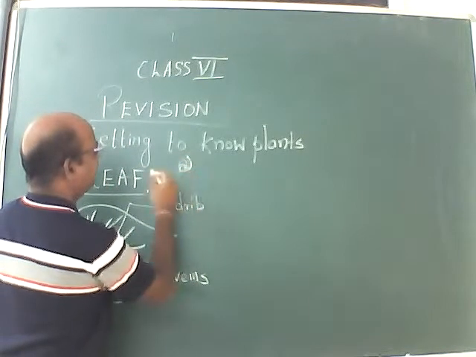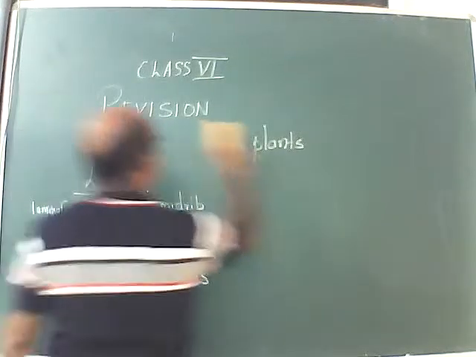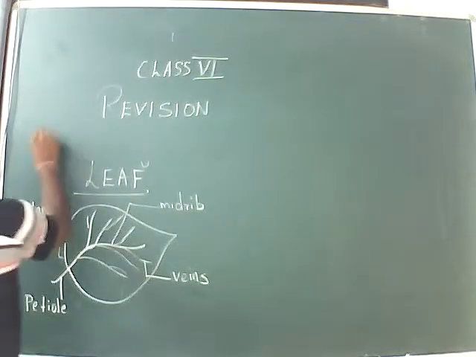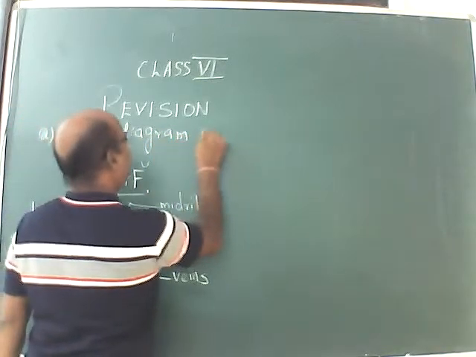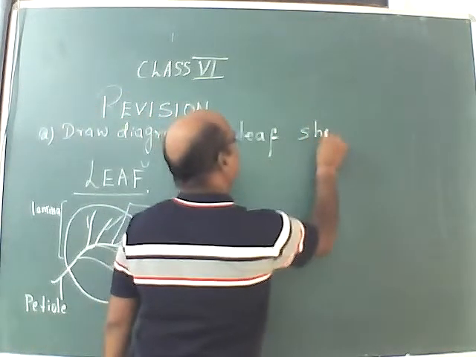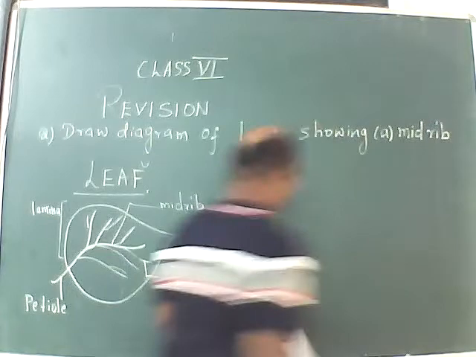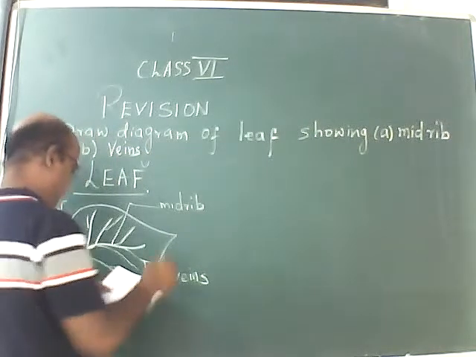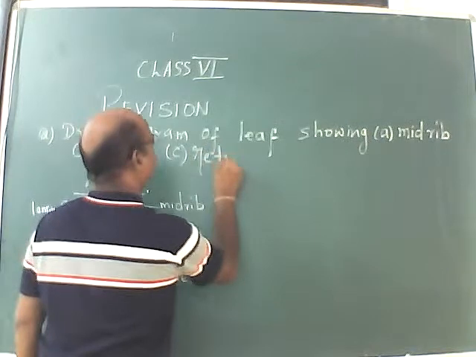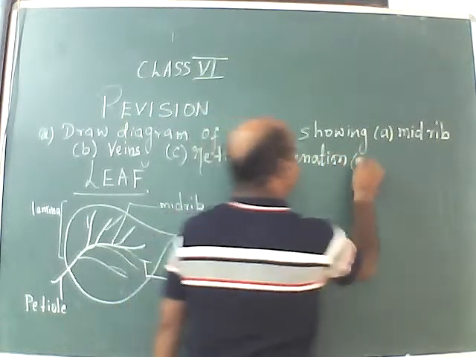For example, the question is: draw a diagram of a leaf showing A, midrib; B, veins; C, reticulate venation; and D, parallel venation.